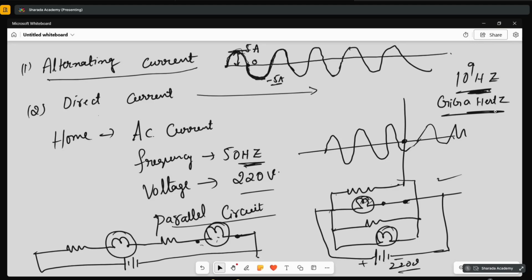And in TVs and many appliances, the alternating current is converted into direct current by some electric circuits, called a filter circuit. Then it is used in the appliances. But for us, what we get in the home is alternating current.